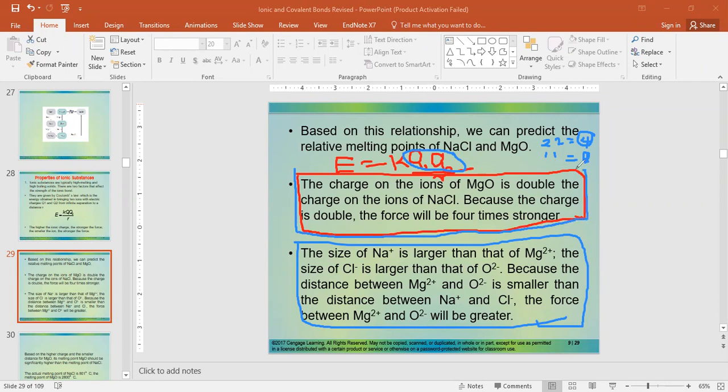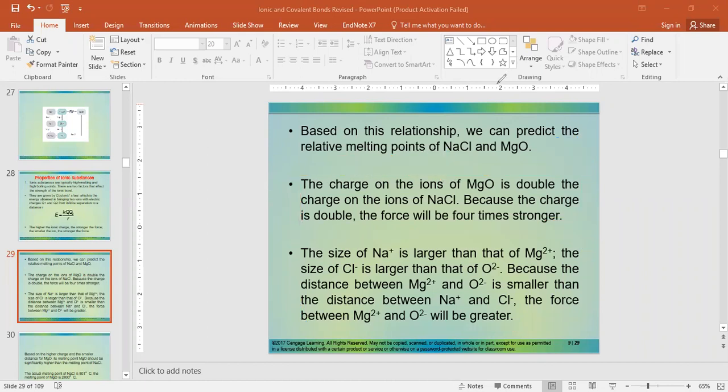The question that was asked, how this one is 4 times, is it clear? Yes, it is clear. Okay, then we go to the other factors that affect, and those are the size of the ions, which are going to affect the R.